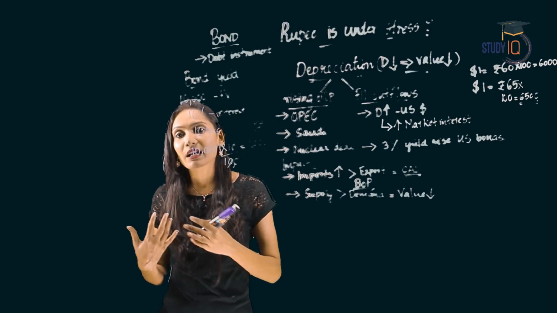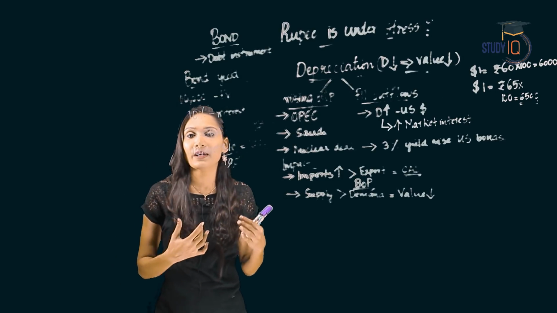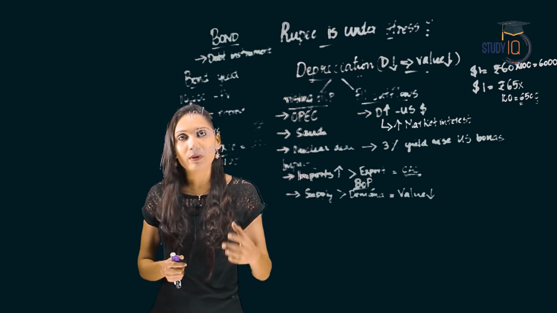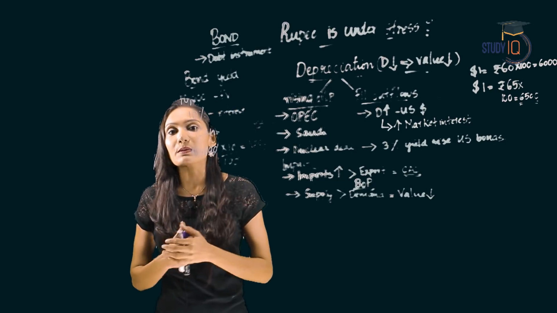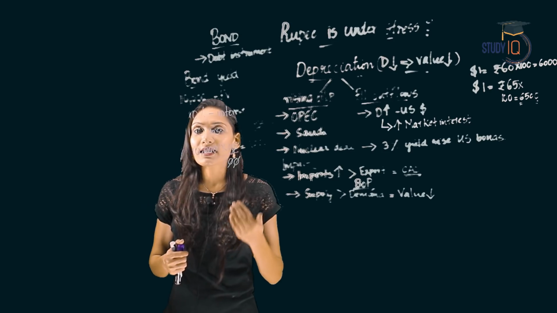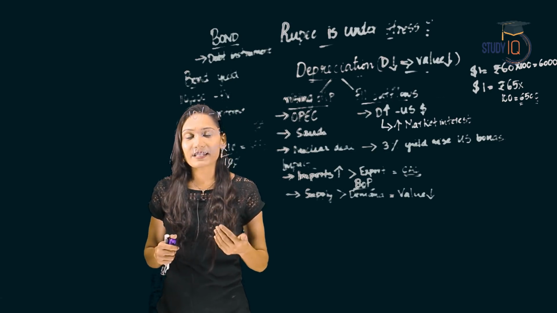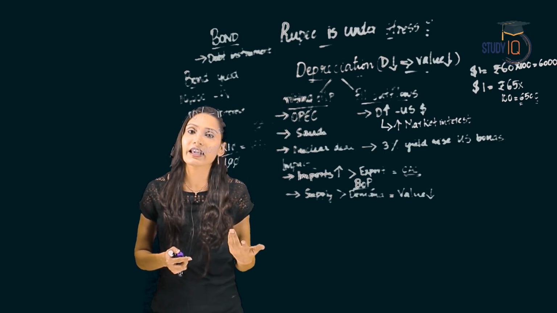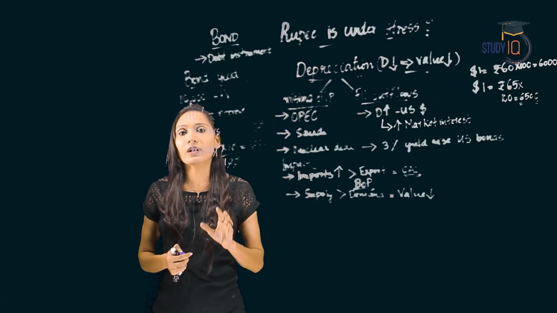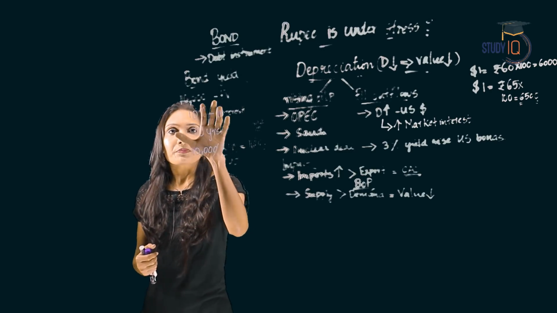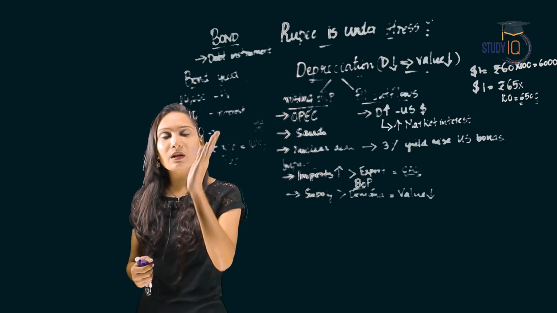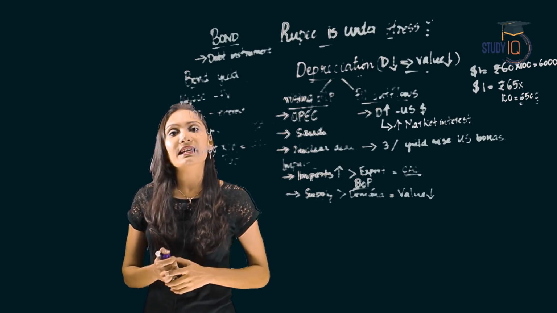In the secondary market, the bond price may be higher or lower than the face value of 10,000, based on demand and supply of the bond. So A can either get more than 10,000 or even less than 10,000.